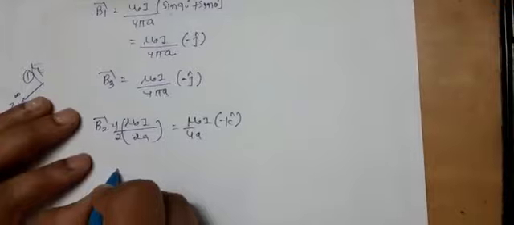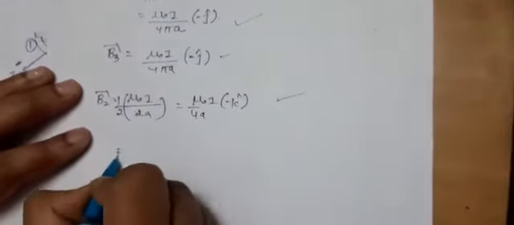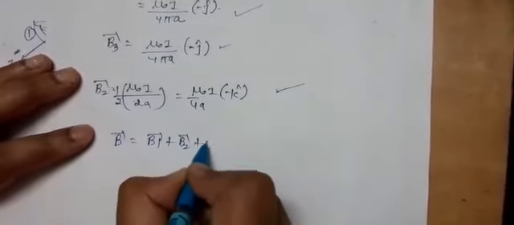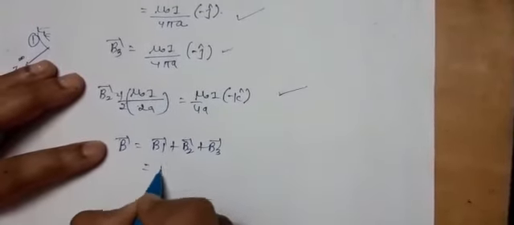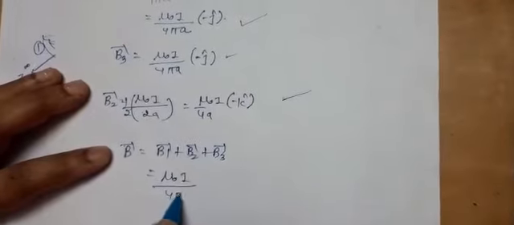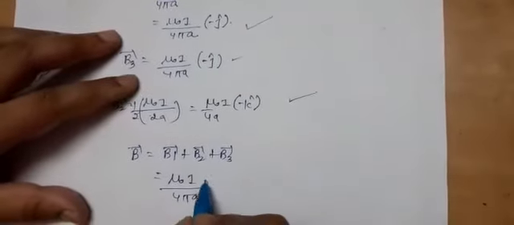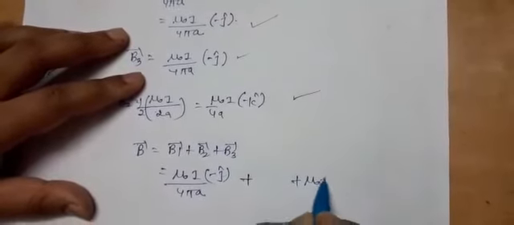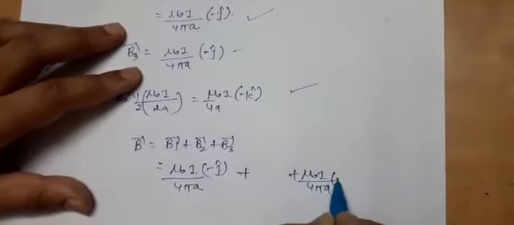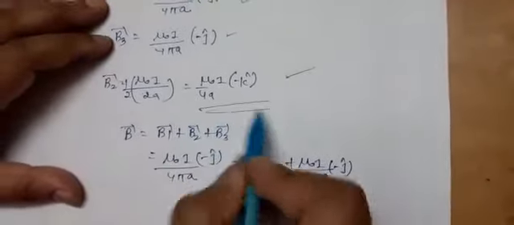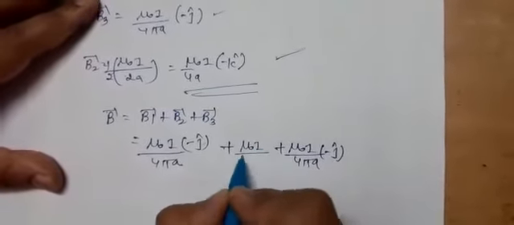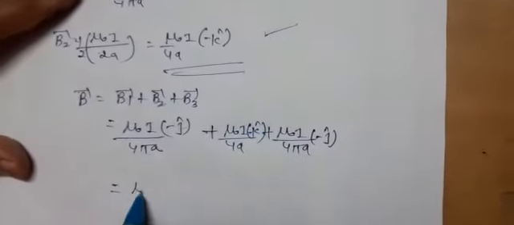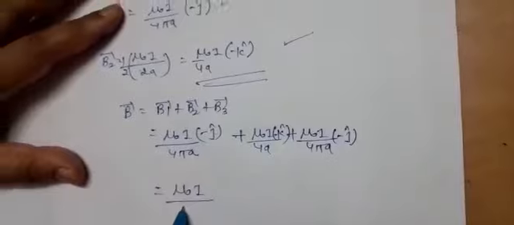Now as the directions have been given, the total magnetic field will be B1 plus B2 plus B3. Adding all this, mu naught I upon 4 pi a for the first and third, this is minus j, plus mu naught I upon 4 pi a minus j, and for the central element this is mu naught I upon 4a minus k. So I will just combine mu naught I upon 4a.